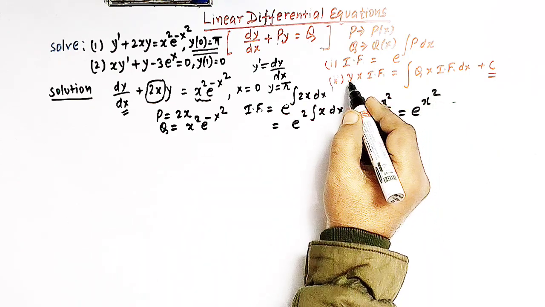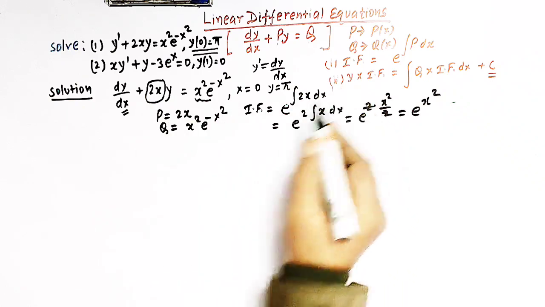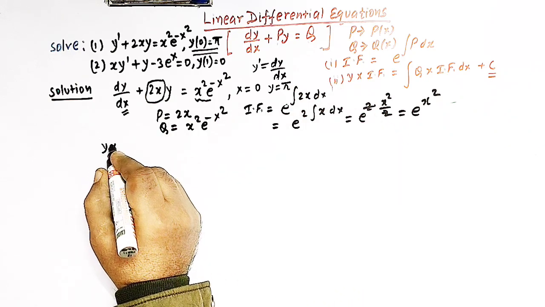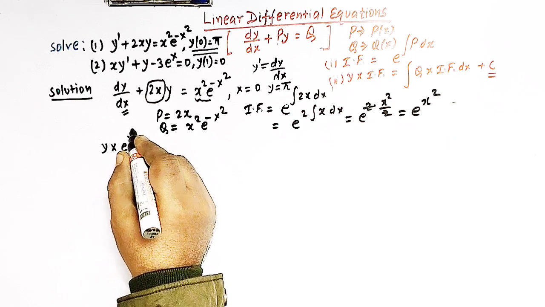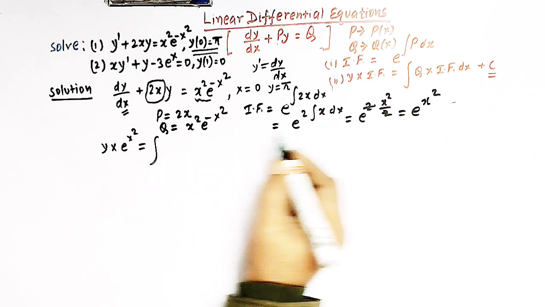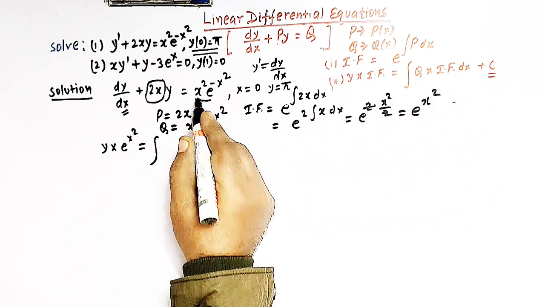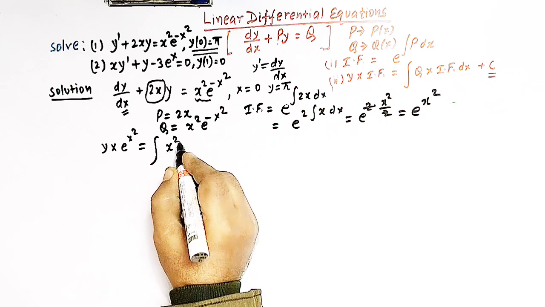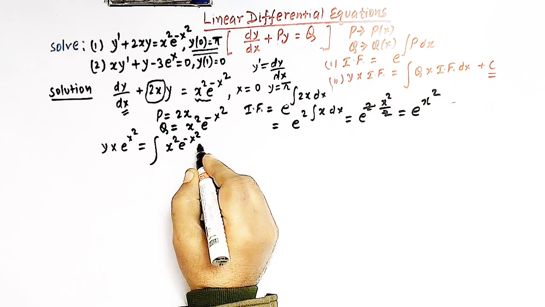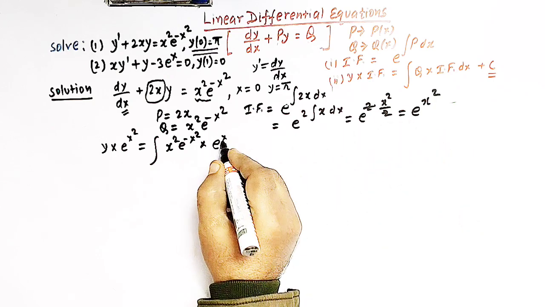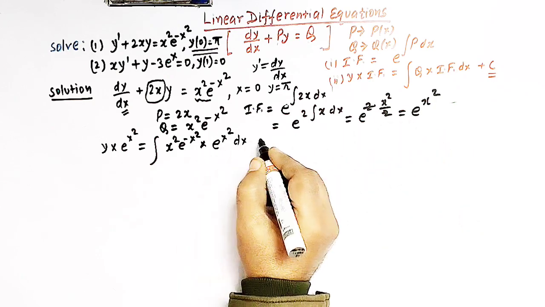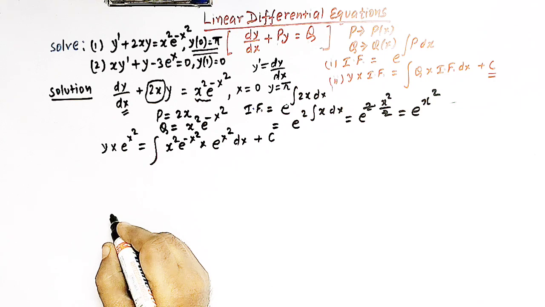Okay, so now the solution of this differential equation is given by y times the integrating factor. So the integrating factor is e raised to x square, then we have integral q. q is x square e raised to minus x square times the integrating factor, which is e raised to x square, dx, and c is the constant of integration.